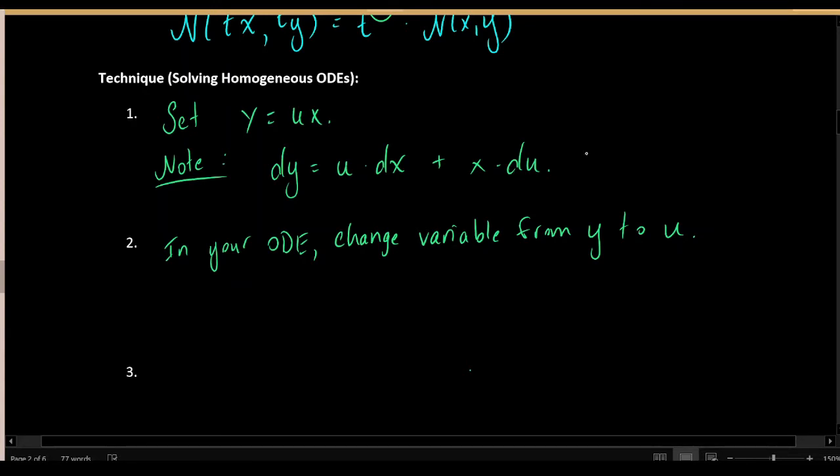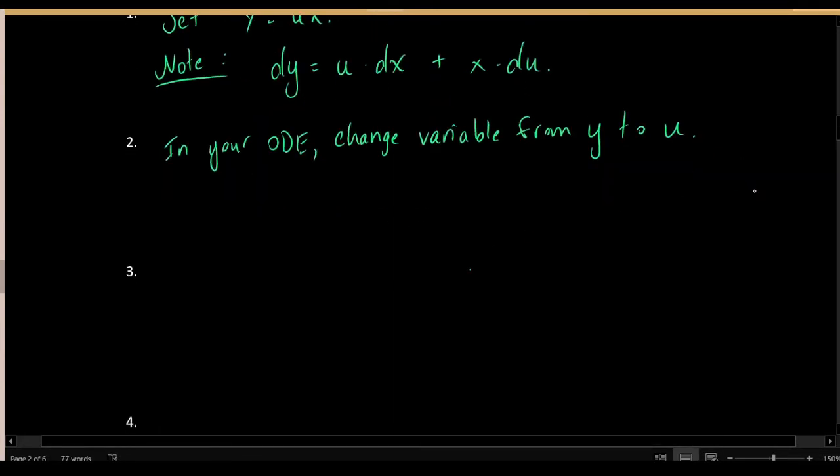Everywhere there was a y, there needs to be an expression containing u's instead. Now, if your equation really was homogeneous, and you did that check correctly, then after you do step 2, you should have a separable ODE.